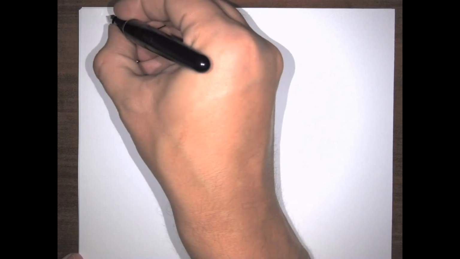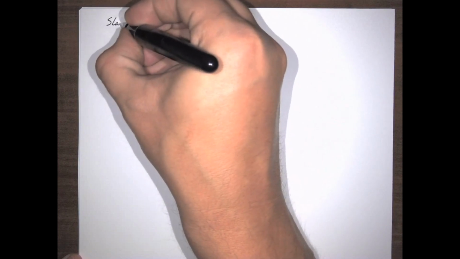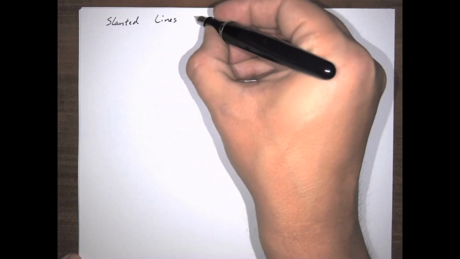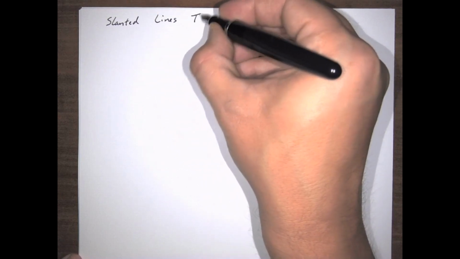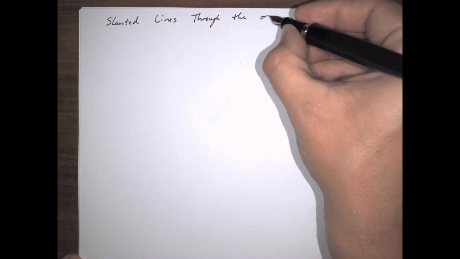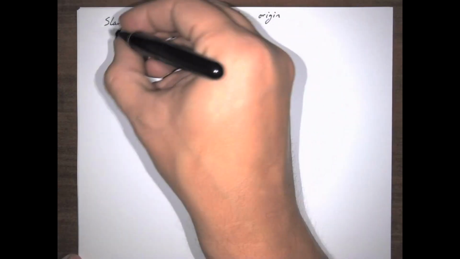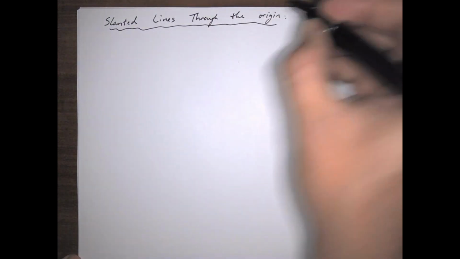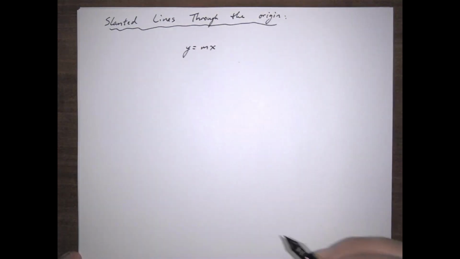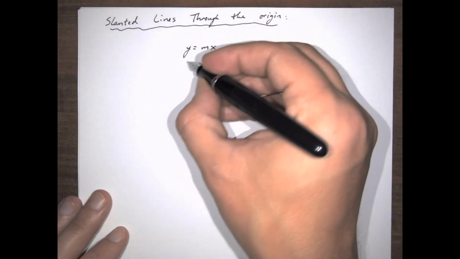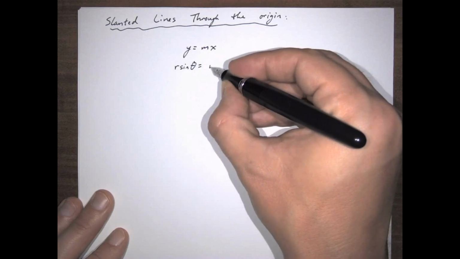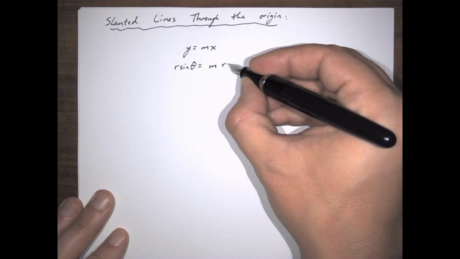And then there is the category of slanted lines through the origin. So the format of this is y equals just mx, and b here would be 0, which means that r sine theta is equal to m r cosine theta.